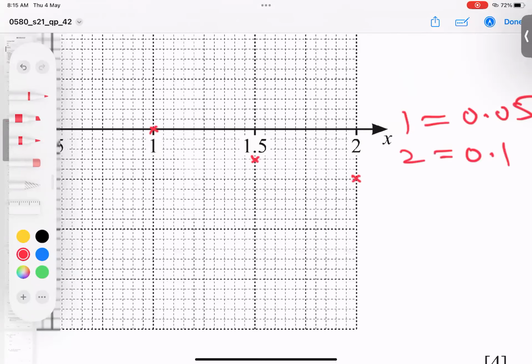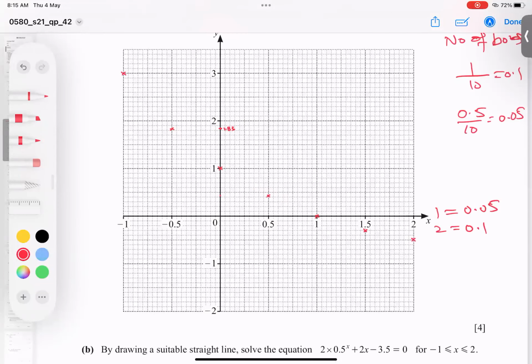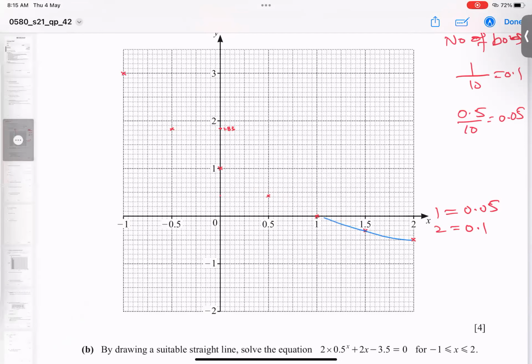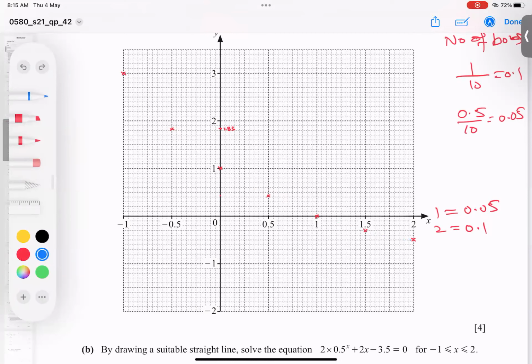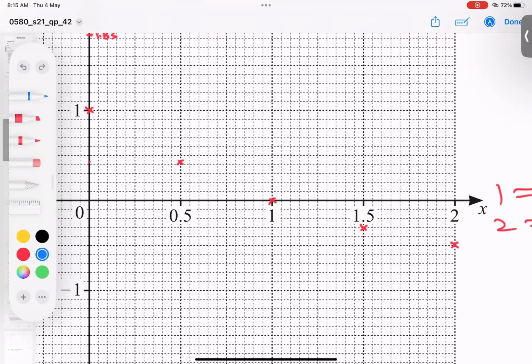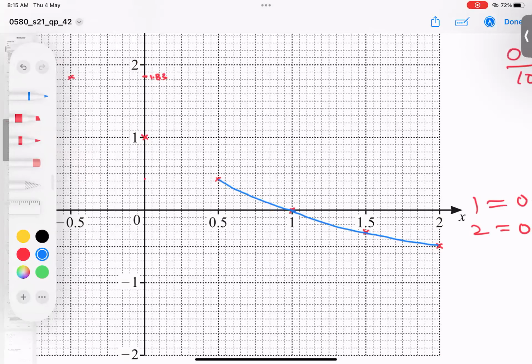Okay. So let's start sketching, and you should never use a scale for the curve.